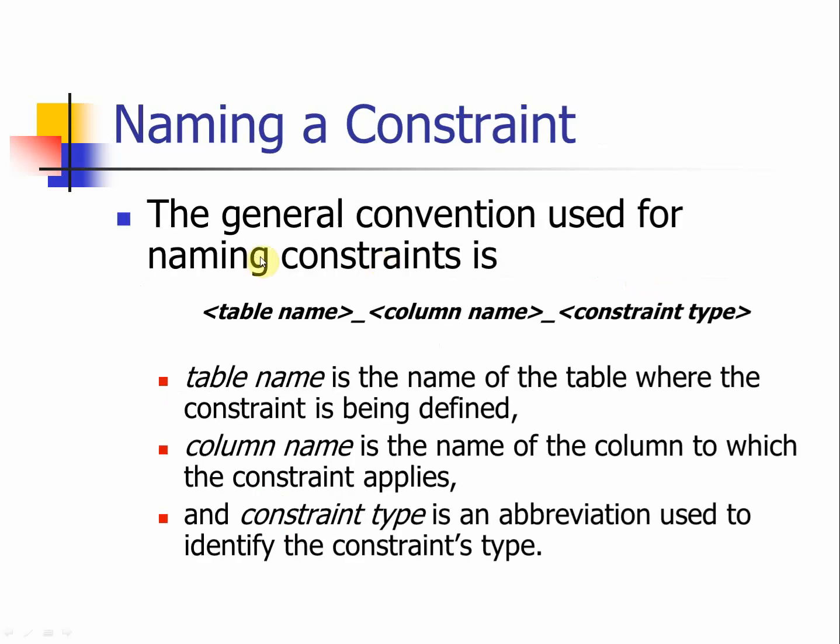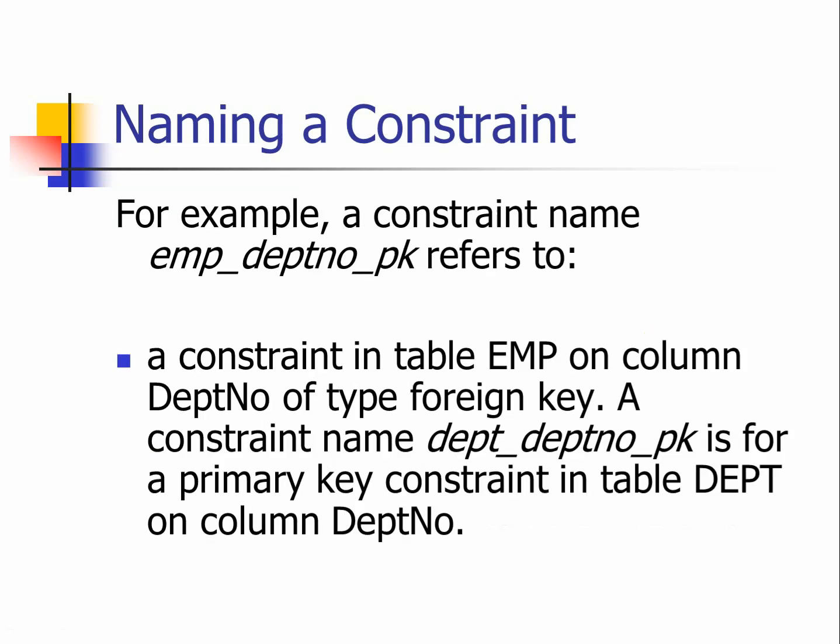Therefore, if you try to create the constraint name, you want to use the table name, underline, column name, underline, and the constraint type with the abbreviations over here, so that we can easily understand the name of the constraints.